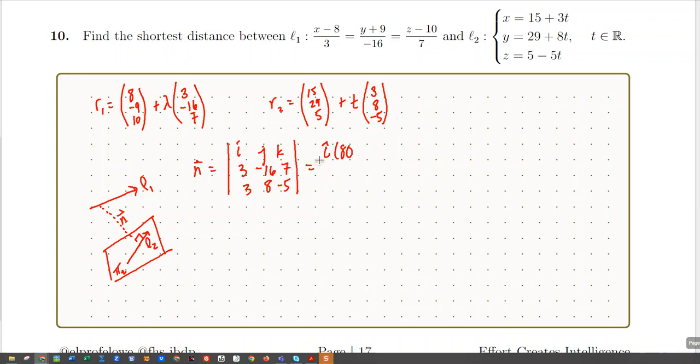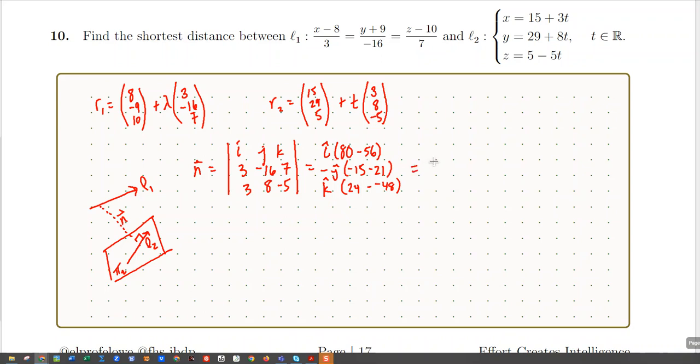I'm going to have 80, and then minus 7 times 8, right? In the opposite J direction, I'm going to have 3 times negative 5, which is negative 15, and minus 3 times 7, so 21. And then in the K direction or the Z direction, I'm going to have 3 times 8, that's going to be 24, and then minus a negative 40.